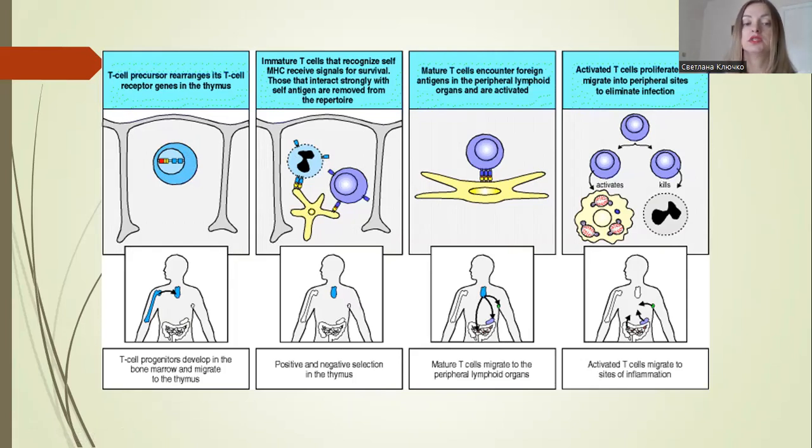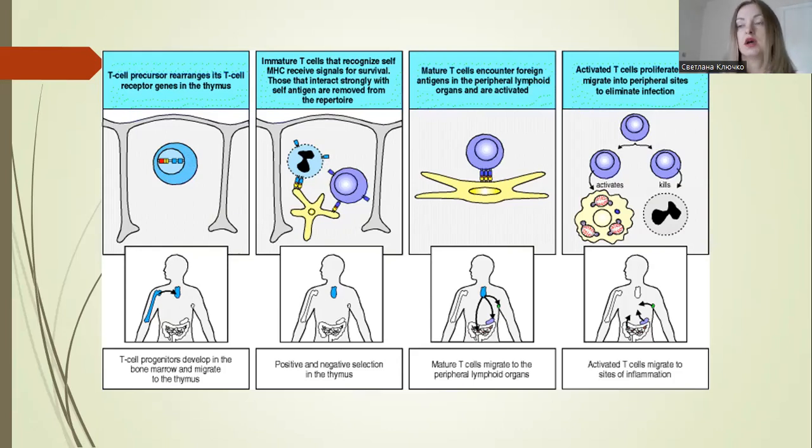T cells with TCR must be able to react with foreign cells, and reticuloepithelial cells demonstrate to them major histocompatibility complex, and then T cells will react. If T cells react, these are correct cells. False cells don't react with reticuloepithelial cells, and false cells must be eliminated. This is first stage of selection, positive.